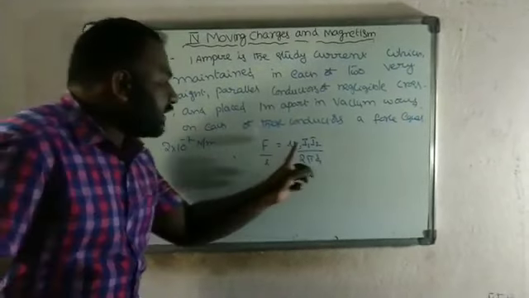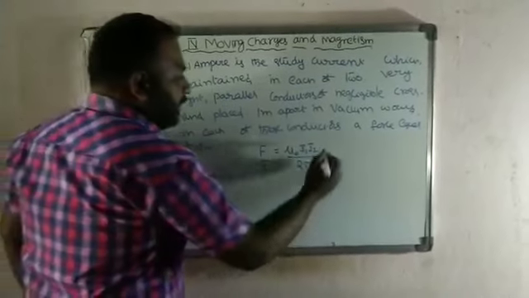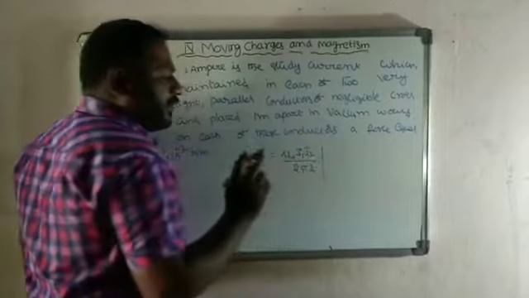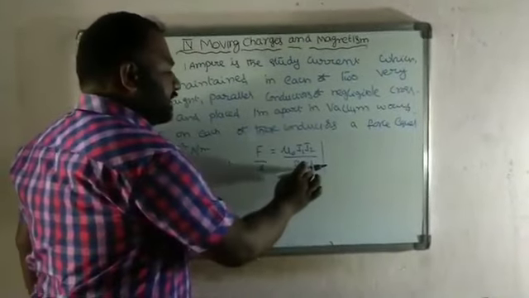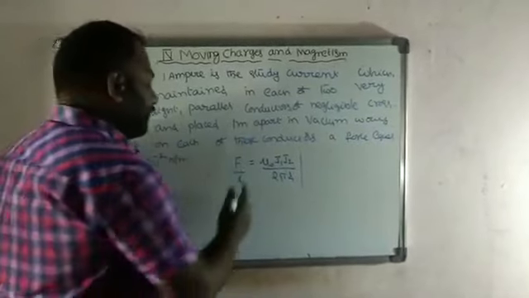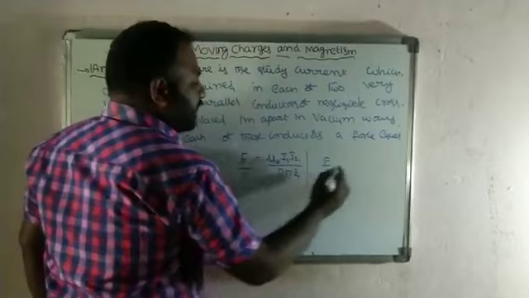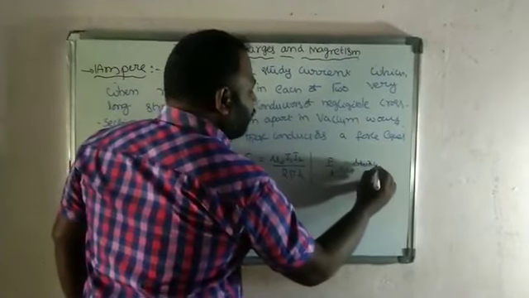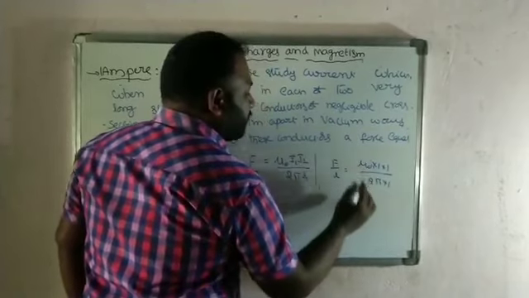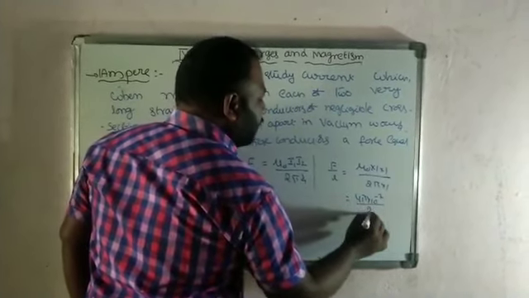Now when I1 and I2 are taken as 1 ampere and the distance between the two conductors is taken as 1 meter, the force per unit length is mu naught into 1 into 1 by 2 pi into 1. Here mu naught is 4 pi into 10 power minus 7, divided by 2 pi.